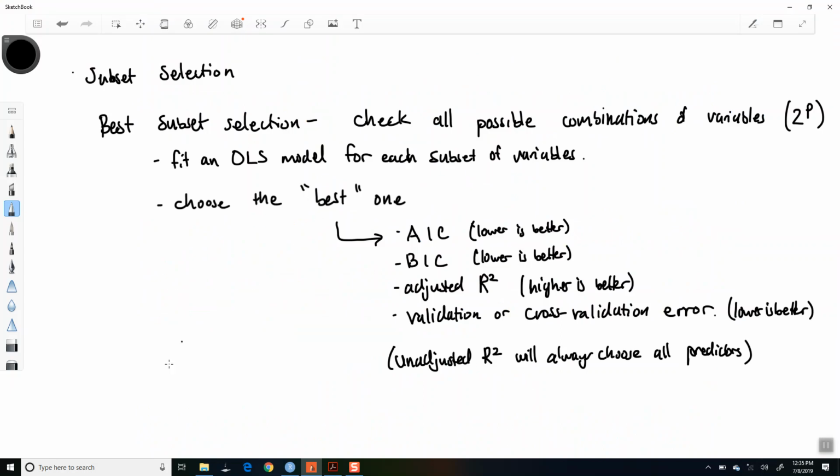Lower is better. So this is basically RSS plus 2 times the number of predictors times sigma squared, and this is RSS plus log n times the number of predictors times the variance, okay?